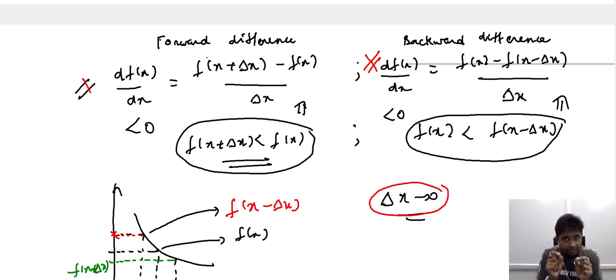They play a critical role both in the analytical treatment and, most importantly, in numerical estimation of a derivative of a given function. So with these different forms of describing a derivative, I would like to wind this lecture up, and in the subsequent lectures, we will see what is the numerical role played by these different descriptions of a given derivative.